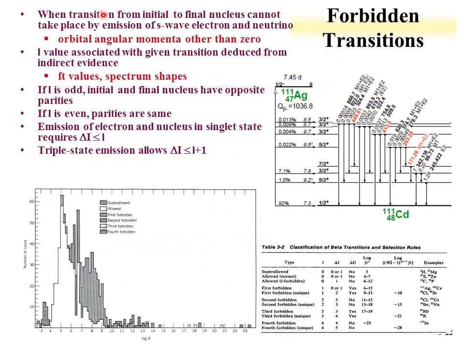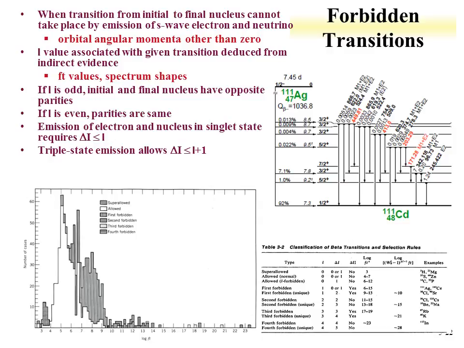When a transition from initial to final state cannot take place through this S-wave transition, we get orbital angular momenta other than 0. So these L values are going to be associated with a given transition. So they're going to be first forbidden, second forbidden, third forbidden, fourth forbidden type of transitions.